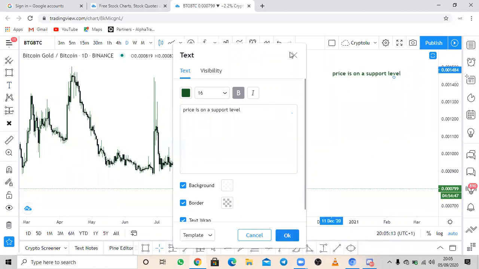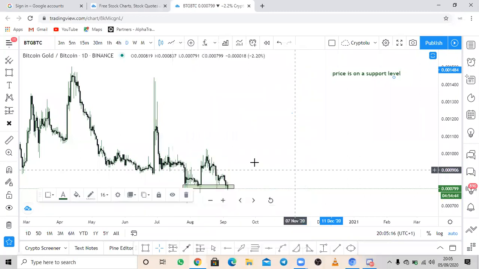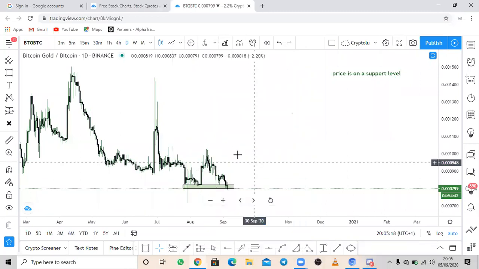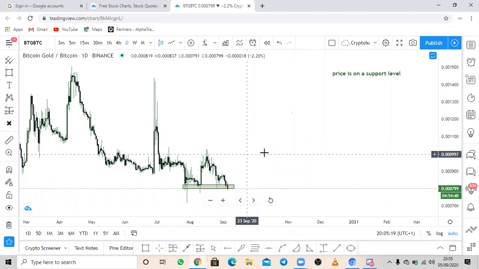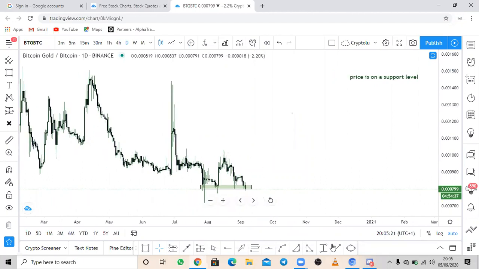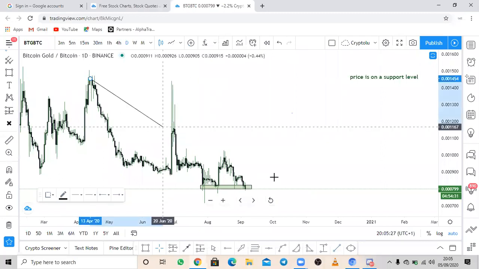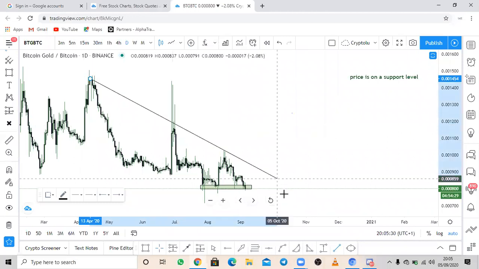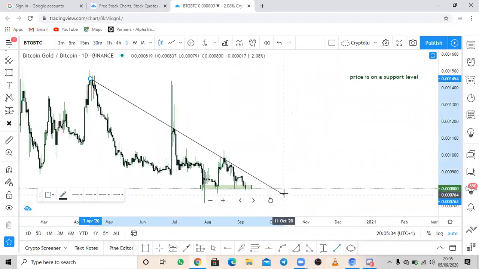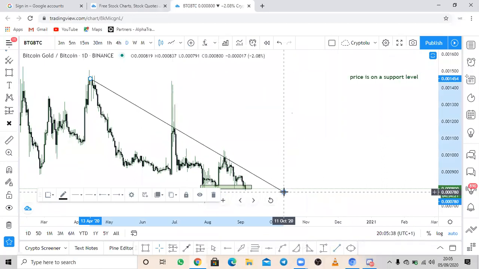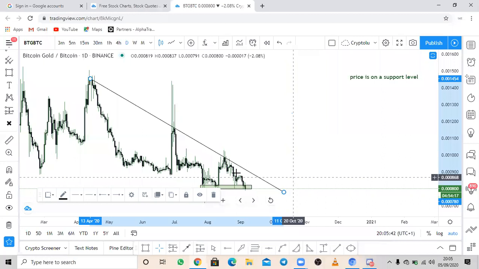Okay, now the next thing to look at on this chart is that we have a downtrending resistance trend line. So if you start drawing it from this side here, all the way down here, you see that we have a downtrending trend line, which price is yet to break out of.